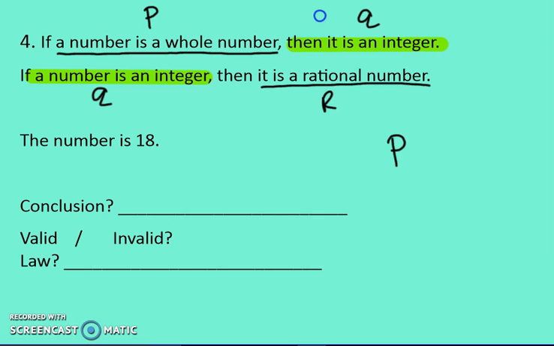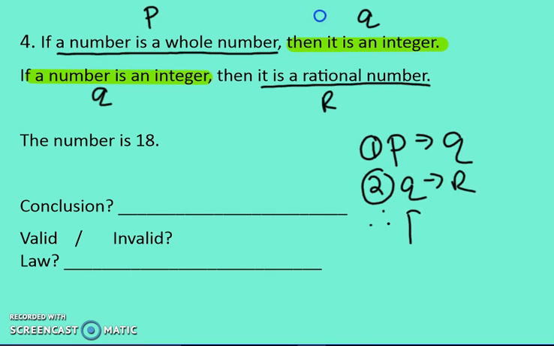So now we have, for our first sentence, PQ. For our second sentence, we have QR. So now we need PR. Well, if I look, the number is 18. You have to ask yourself, is 18 a whole number? Well, a whole number is any number from 0 on up.